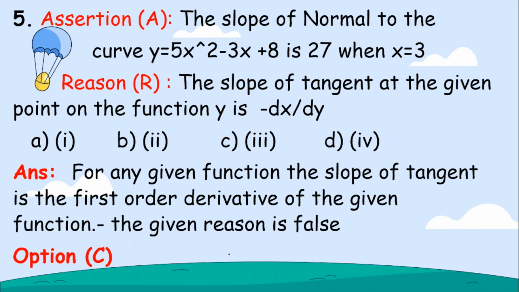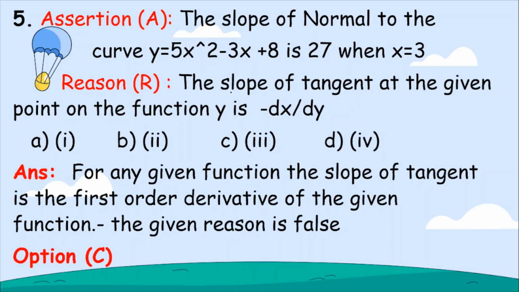If the slope of tangent is dy by dx, the slope of normal is minus dx by dy. Now, they gave a function, the slope of a normal to the curve is 27 when x equal to 3. That means they found the slope minus dx by dy. In that, in place of x, they have substituted 3 so that you are getting a value 27. This is what the assertion says.